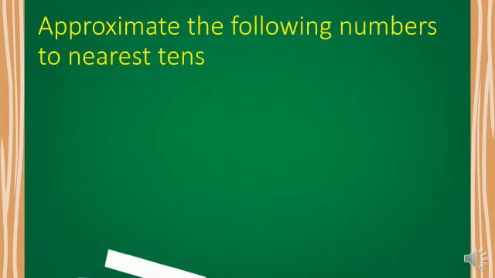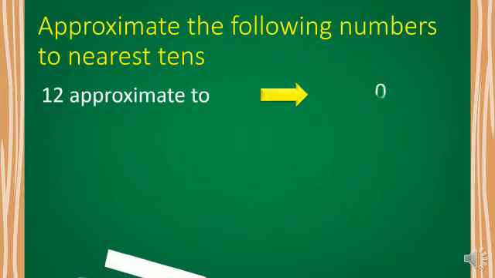Approximate the following numbers to the nearest tens. 12 approximates to... Look at ones. Rich or poor? Yeah, poor. So cancel 2, put 0, and tens as it is.